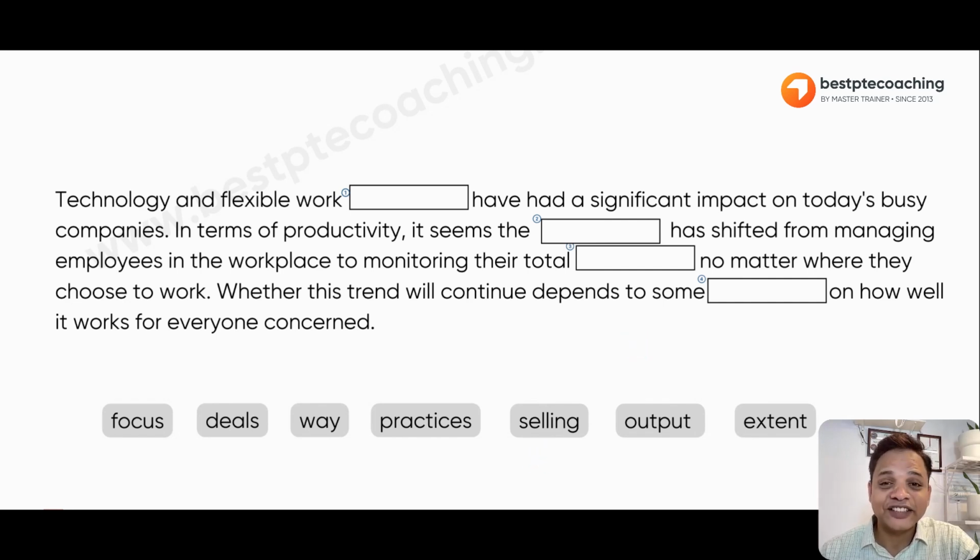Since have is there, you will look for plurals, because only after plurals do you have 'have'. Then you will work on only plurals. Deals, practices, only 2 words are there. Technology and flexible work deals, not much. Technology and flexible work practices is a perfect collocation. Then I'll go with that. So every blank, we should try to answer in 30 seconds time.